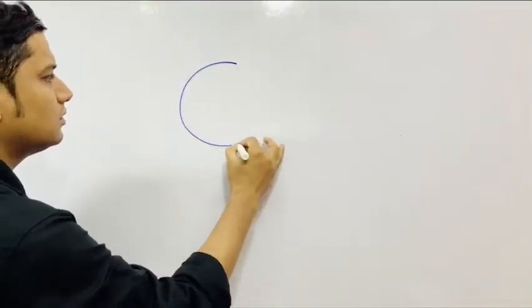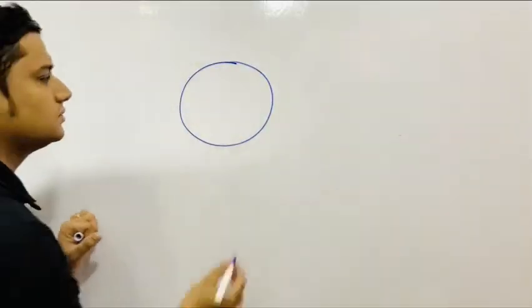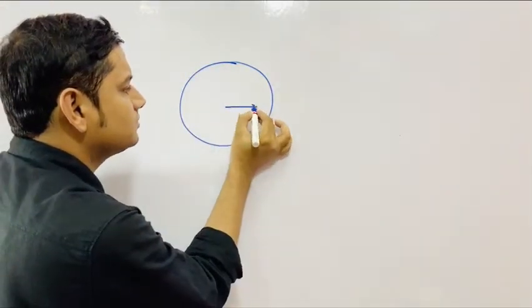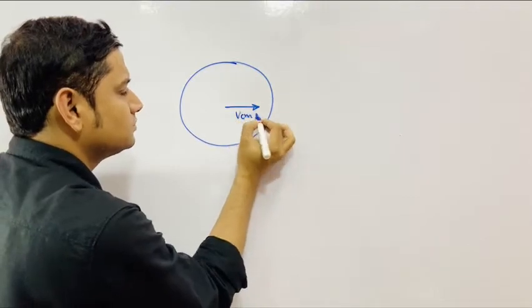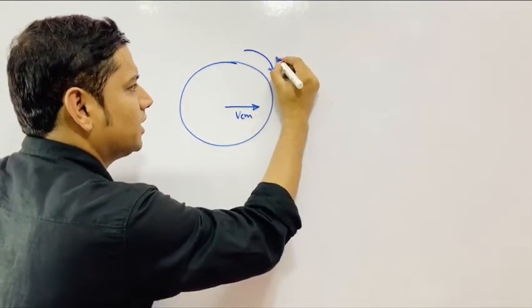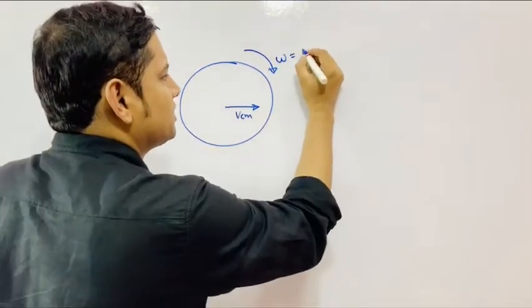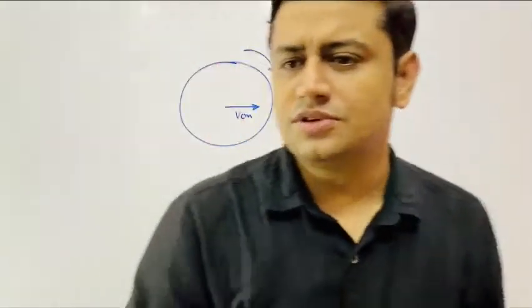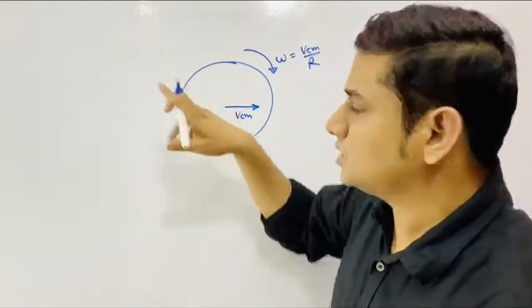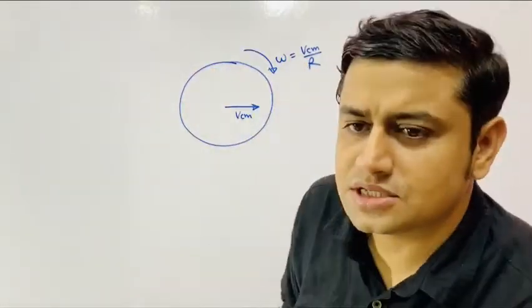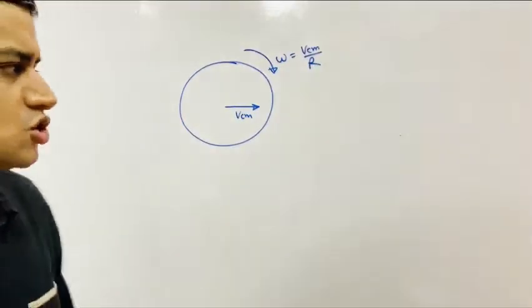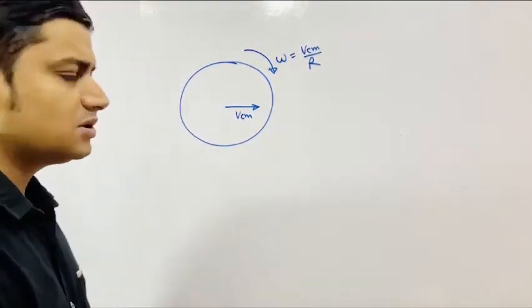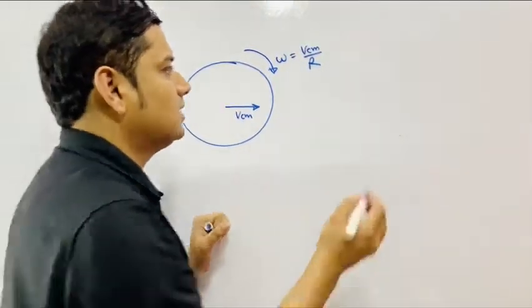So we have seen that in the case of this disk, this is the velocity VCM, and the angular speed is omega, where omega is VCM by R. So it has a translational motion VCM and a rotational motion with angular velocity VCM by R. Now if I superimpose the two, suppose I want to get the velocity, I have seen it.